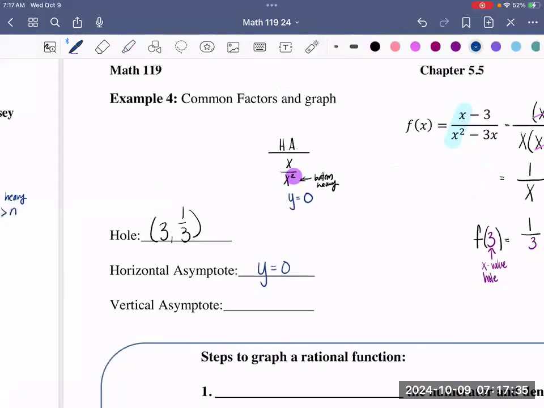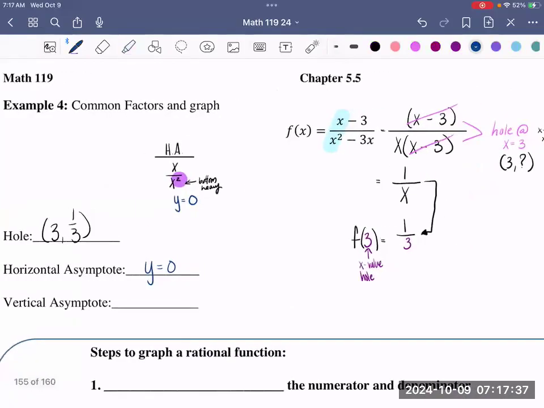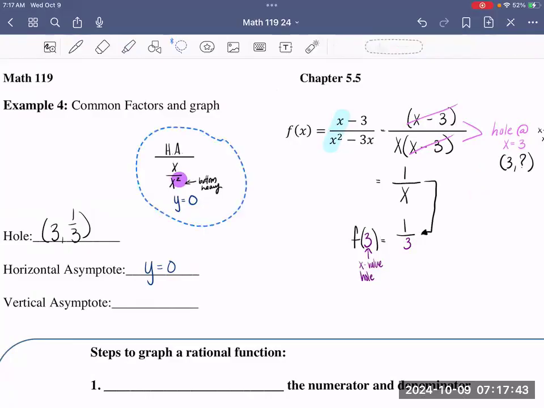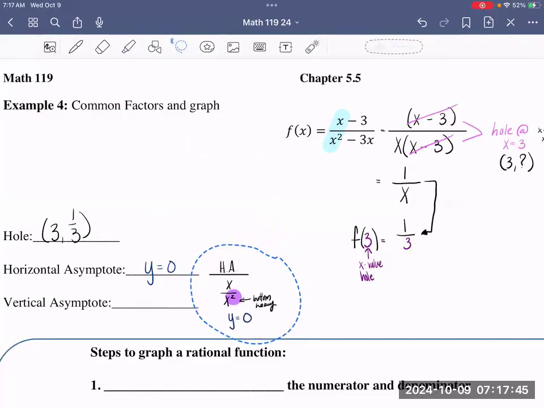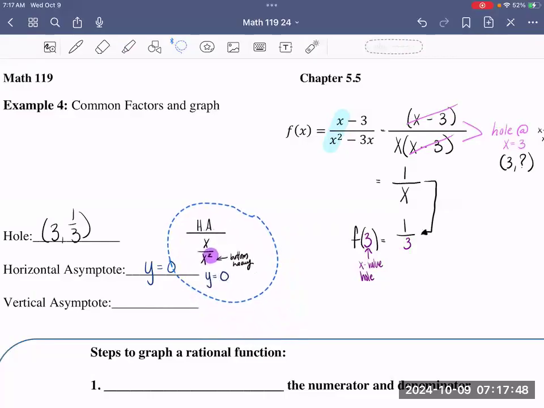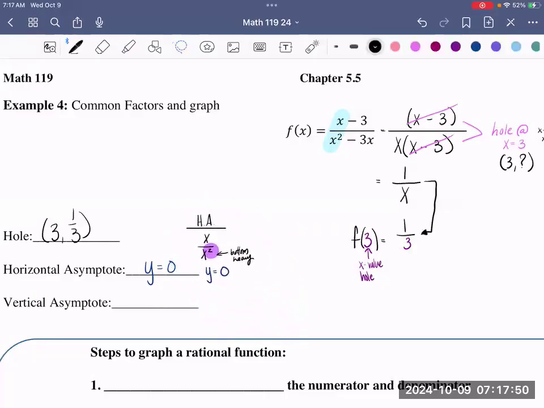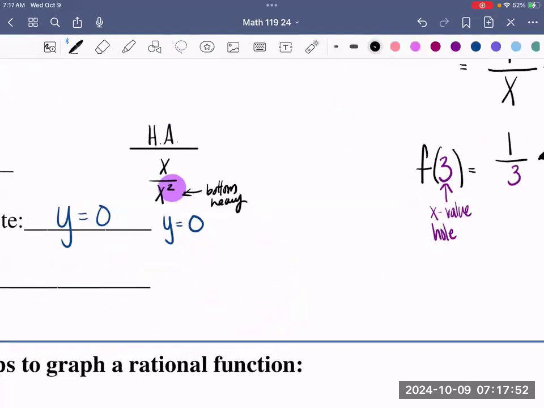Now, do we have a vertical asymptote we need to be aware of? Well, your vertical asymptote. Or your horizontal, sorry, I get those so wrong when I talk about them. So your asymptote of your simplified, right?